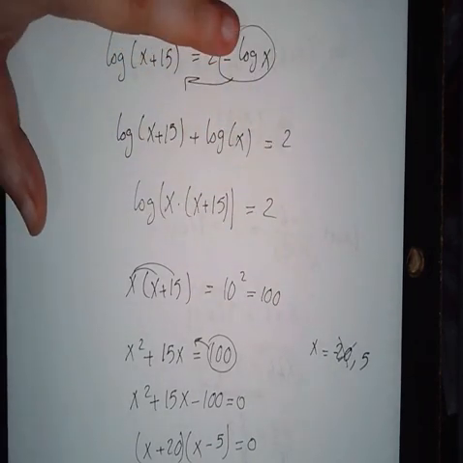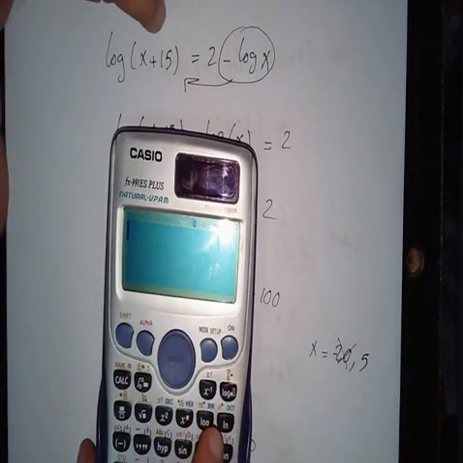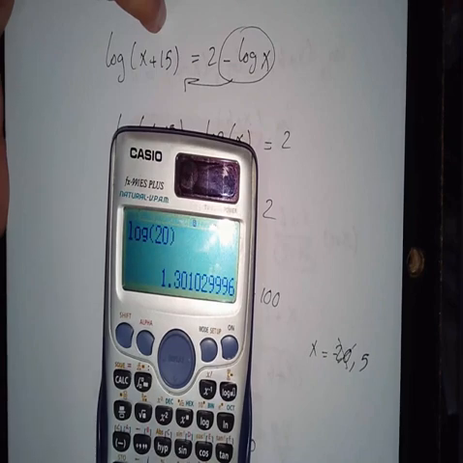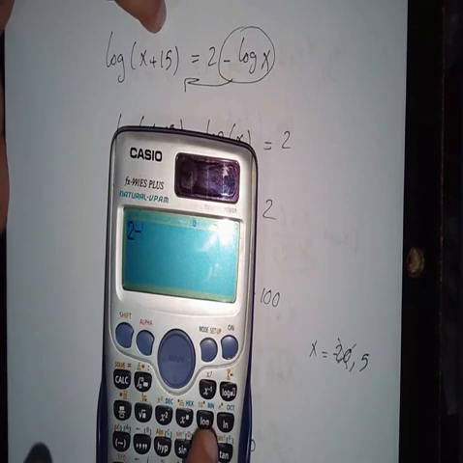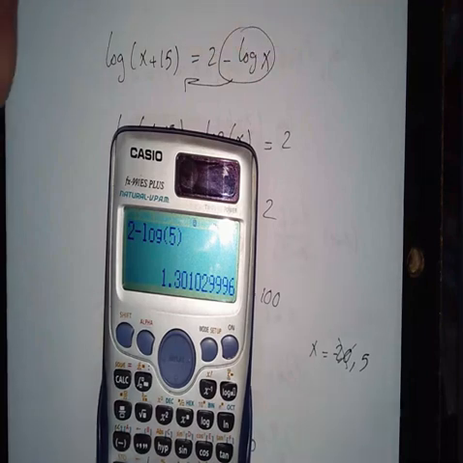5 works. Now let's check if that's actually the answer. Here we go. So log of 20. Here's the answer, right? Now, actually, I have a better idea. 2 minus log of 5. It gave me an answer. That means that the negative log of 5 is fine.